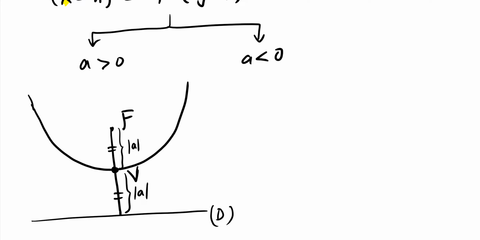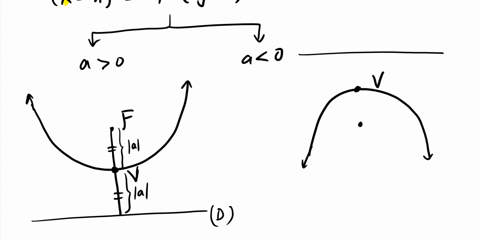Now if a is negative, the parabola is going to open downward like that. The vertex stays the same. Now the directrix is outside and the focus is always inside the parabola. These distances are the same, 90 degrees. This distance is the absolute value of a.